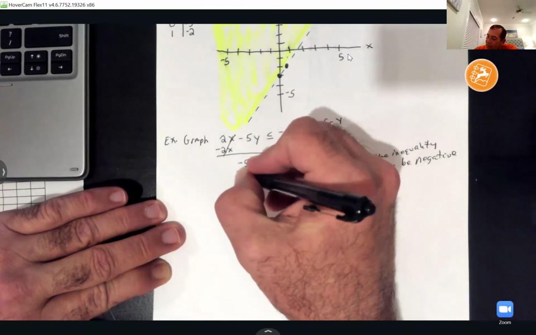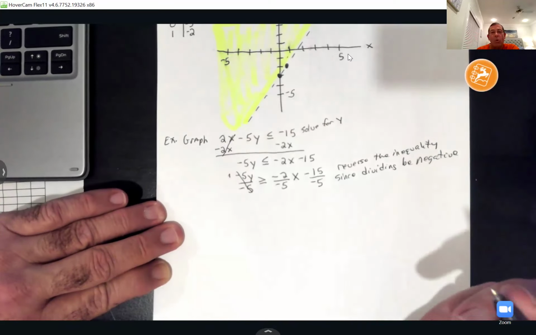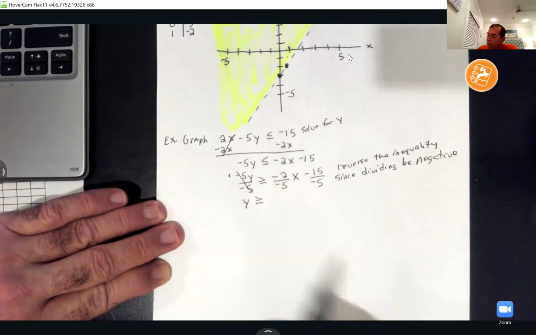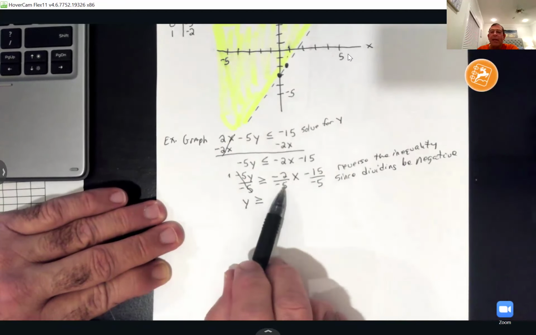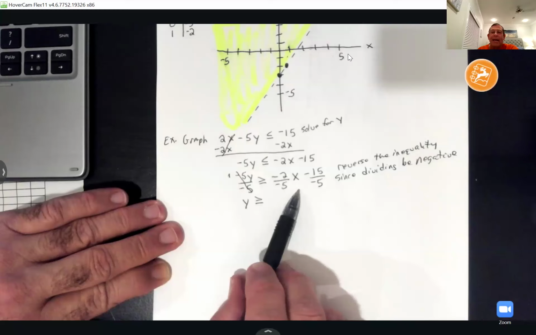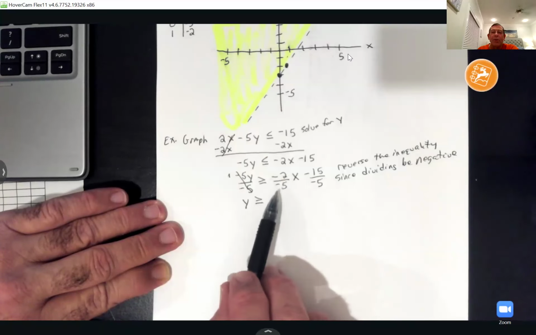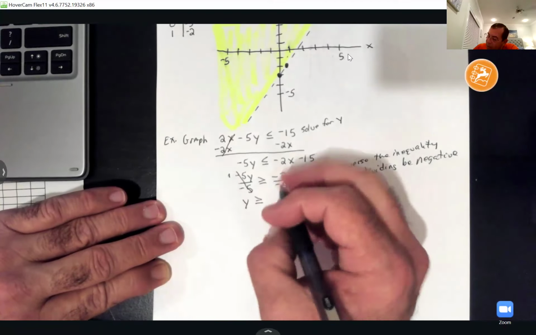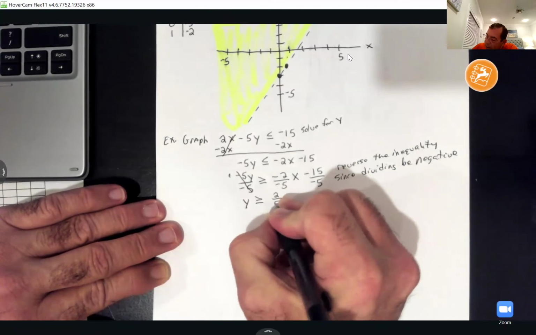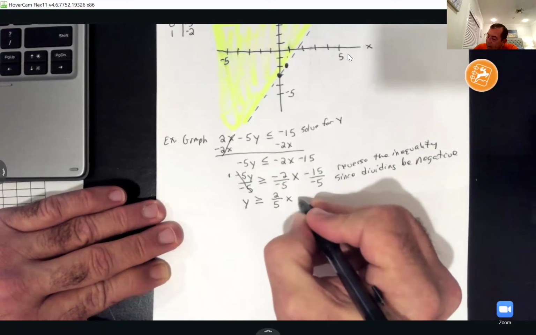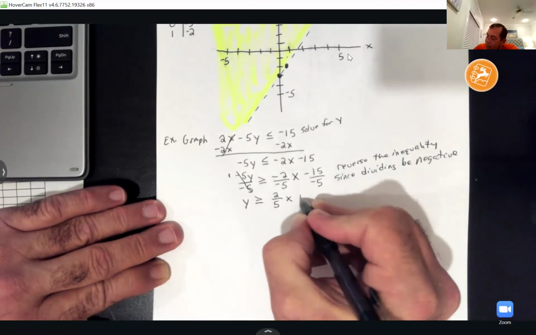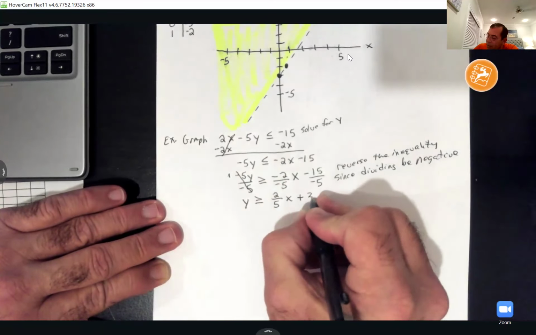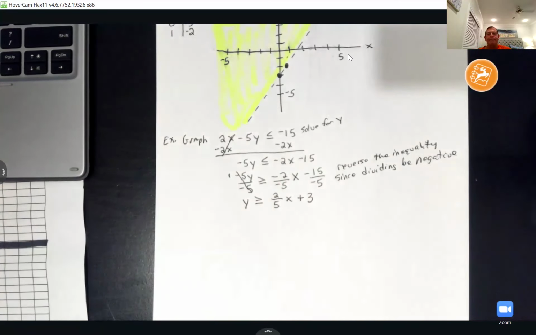So y'all, negative 5 divided by negative 5 makes that a 1y greater than or equal. And all these negatives are making everything positive on the right side. So a negative 2 over negative 5, I can't divide the numbers, but the negatives cancel, making that a 2/5 x. And then this negative divided by negative is a positive 15 divided by 5 is a 3.